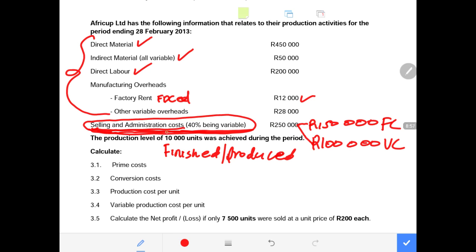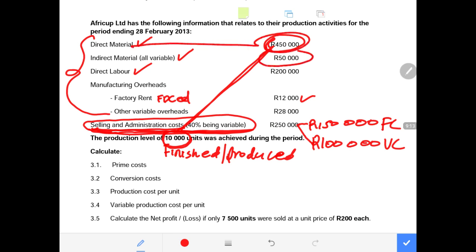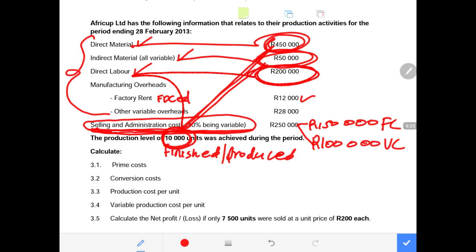Remember, this 10,000 units was produced, and we incurred 450,000 in terms of the material, and we incurred 50,000 rands of the indirect cost in order to produce this 10,000 units. And we incurred 200,000 rands of the direct labor in order to manufacture the 10,000 units.